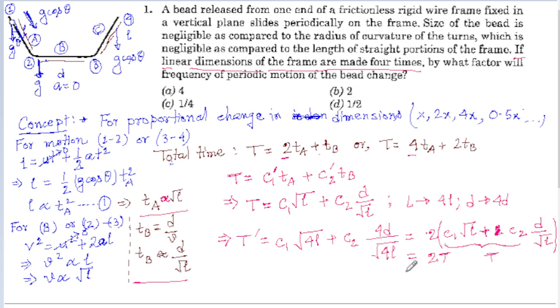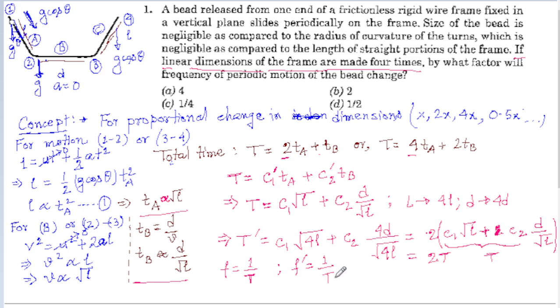If the new time becomes 2 times, then the frequency, as we know, f equals 1 divided by t, the reciprocal of the time period. Let the old frequency be f and the new frequency f dot, so f dot equals 1 divided by t dot.